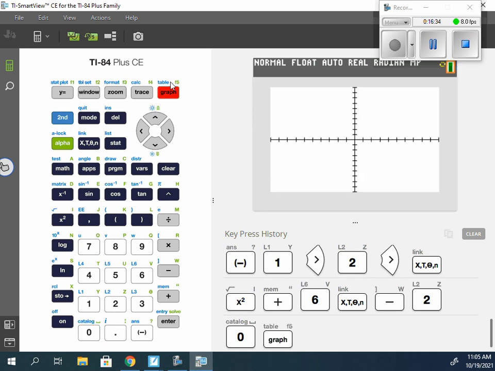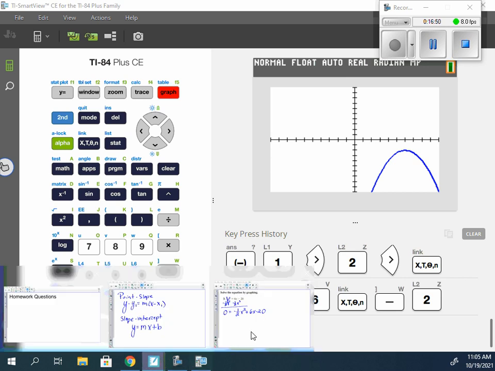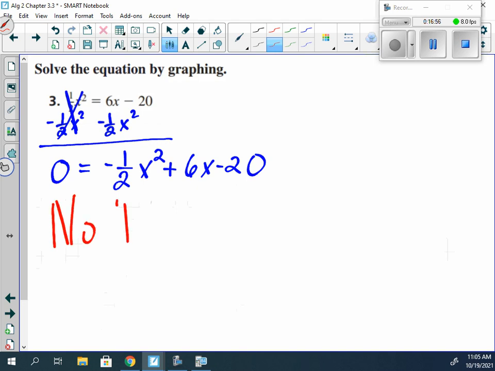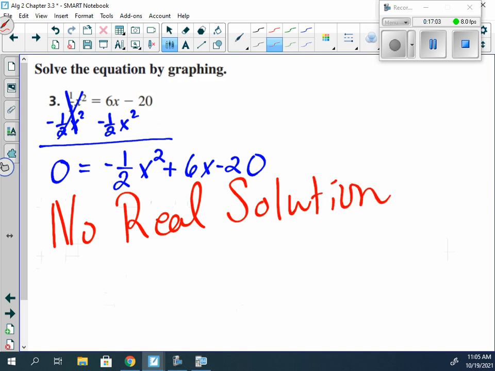and this function crosses where? Does it cross the x-axis? So if it doesn't cross the x-axis anywhere at all, it means what our solution is. No real solution.